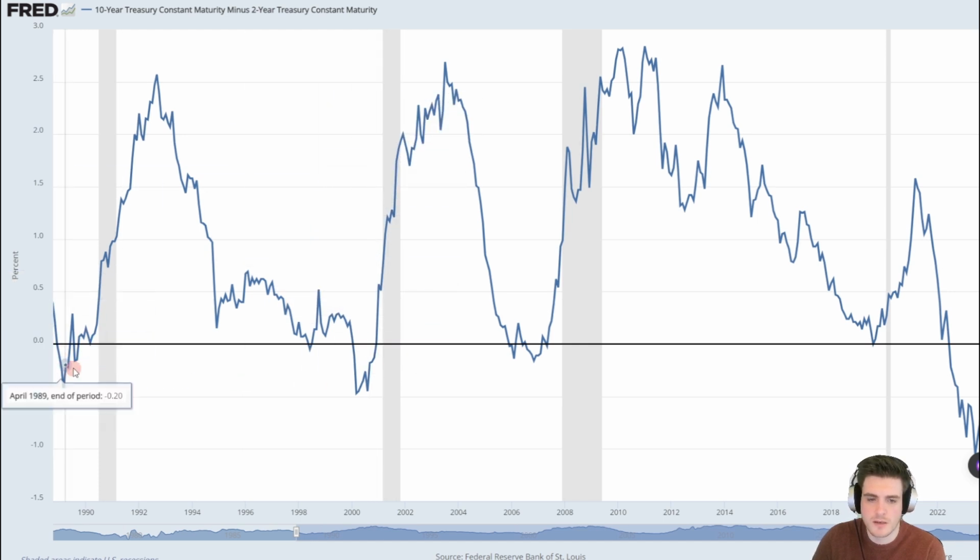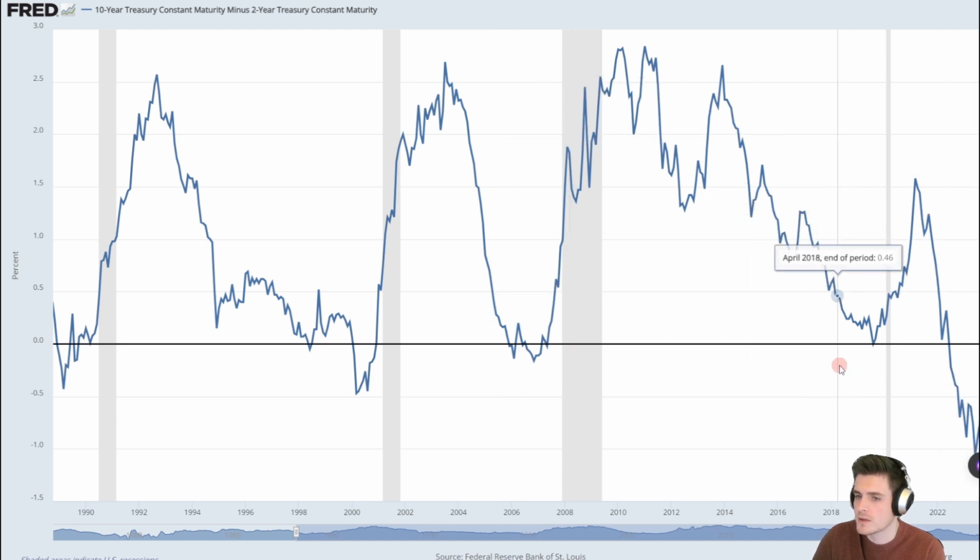So here we had it in 1990, in 2000, 2008, before the COVID dip, a very small one, so a very small recession follows. And currently we have been inverted since the start of 2022, and we're still inverted. So this is a very strong signal for a very strong recession. Maybe even stronger than the 2008 recession.